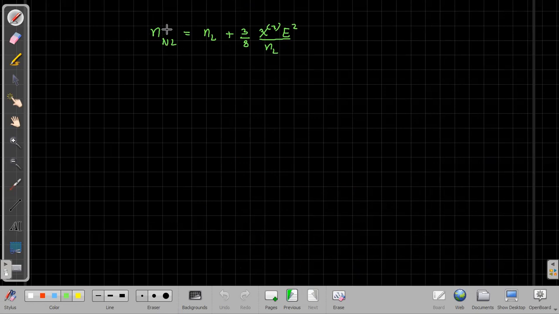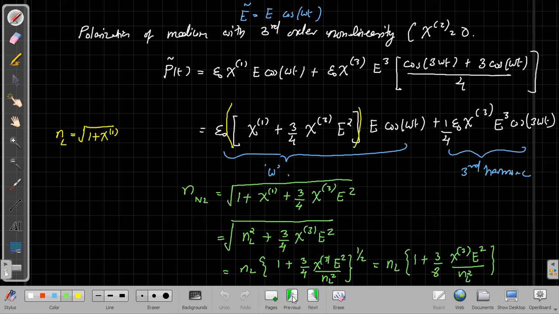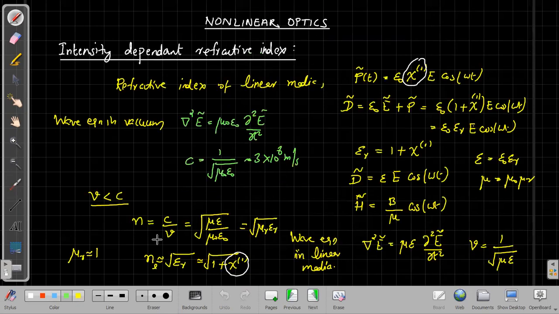The nonlinear refractive index is not a constant. Usually the refractive index of a linear medium is a constant. If you look at the previous expression, this is a linear refractive index, and it would be a constant because chi1 is a susceptibility, a constant value for a particular material.